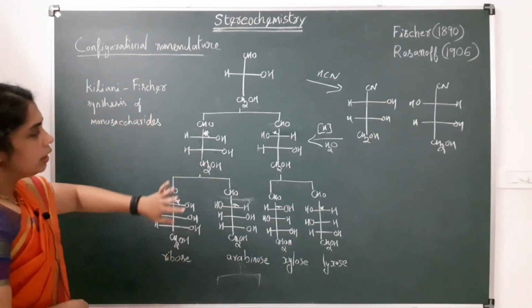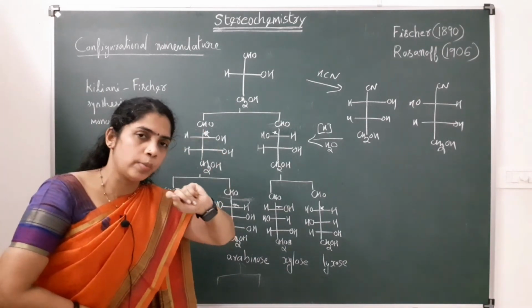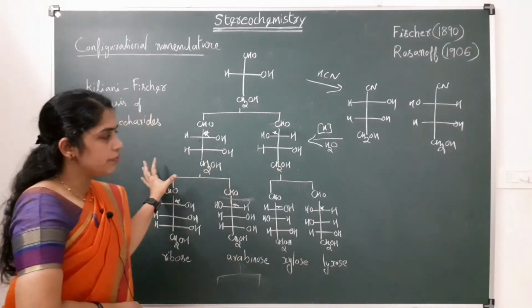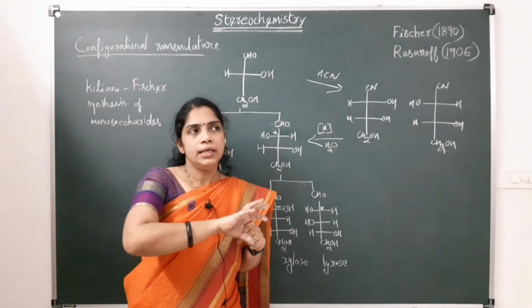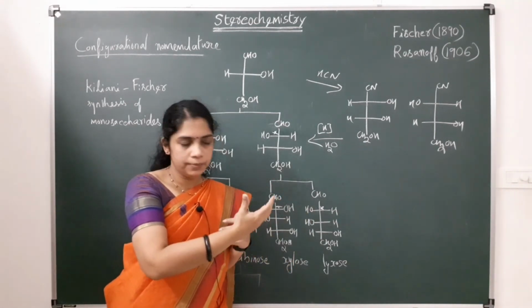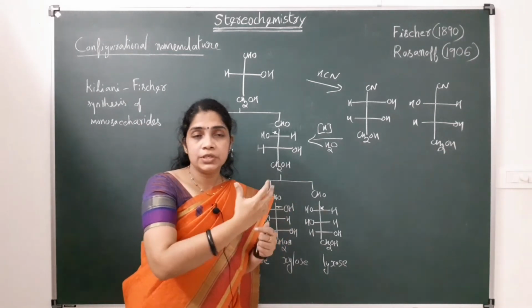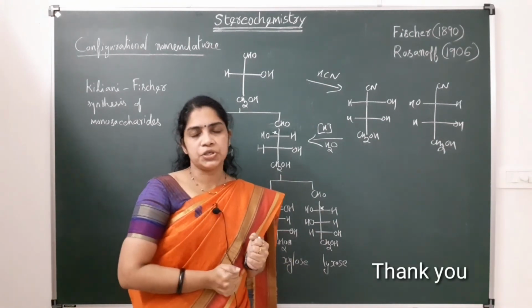This is an advantage of the D and L system of nomenclature, or an advantage of relative configuration. In the case of these sugar molecules, it is easy to predict the relationship among each other, and we can easily predict their structure.